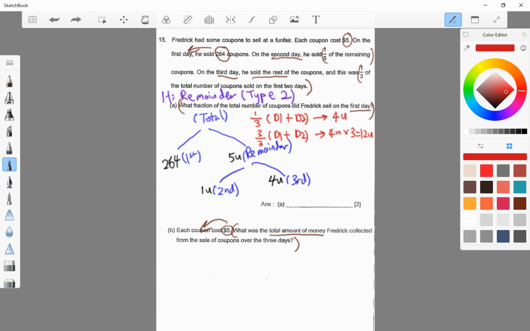So I will just park 11 units below the 264. I will group it together with the actual value, and let us see what happens next. Okay, what happens next.